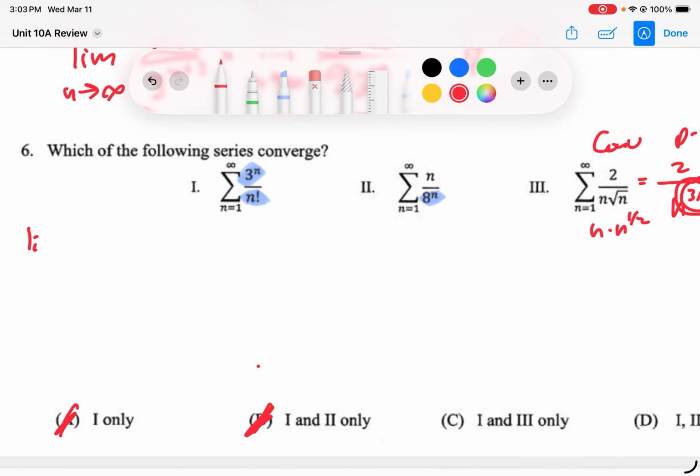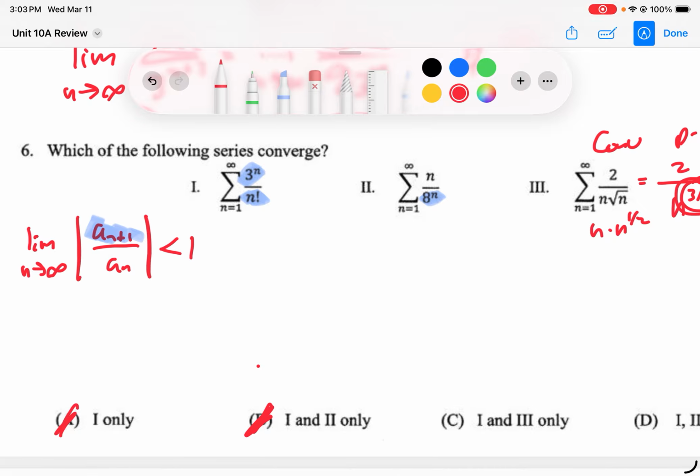The ratio test looks at the limit as n goes to infinity of the a sub n plus 1 term over the nth term. So this represents the next term if a sub n is the current term. So what this is saying, if this limit is less than 1, that series converges.